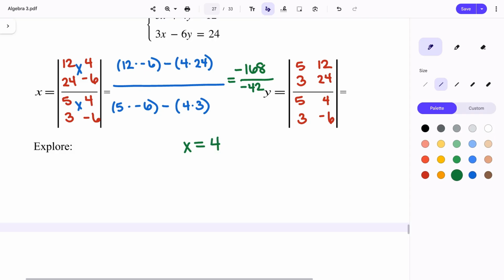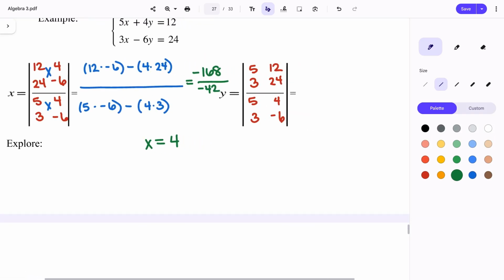Then we're going to do the same thing over on the other side. The bottom is not going to look any different. So this bottom number is still going to end up being a negative 42 because the bottom determinant for both of our x and our y's is the same. The number on the top is going to change a little bit. You're going to take 5 times 24 minus 12 times 3.